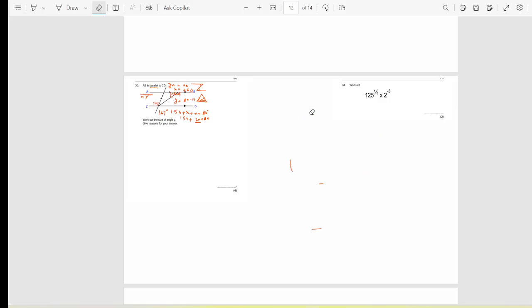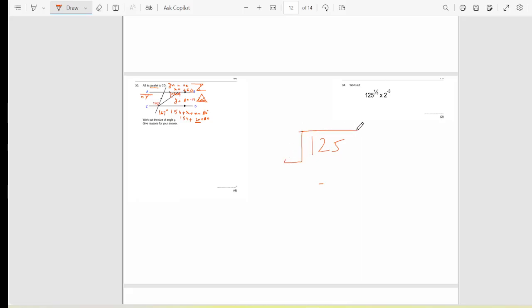So basically 125 raised to power 1/3, I can write it like this, times 2 raised to power negative 3. If there is any power which is negative, like 2 raised to power negative 3, I can turn it into a positive power by taking the reciprocal of it.